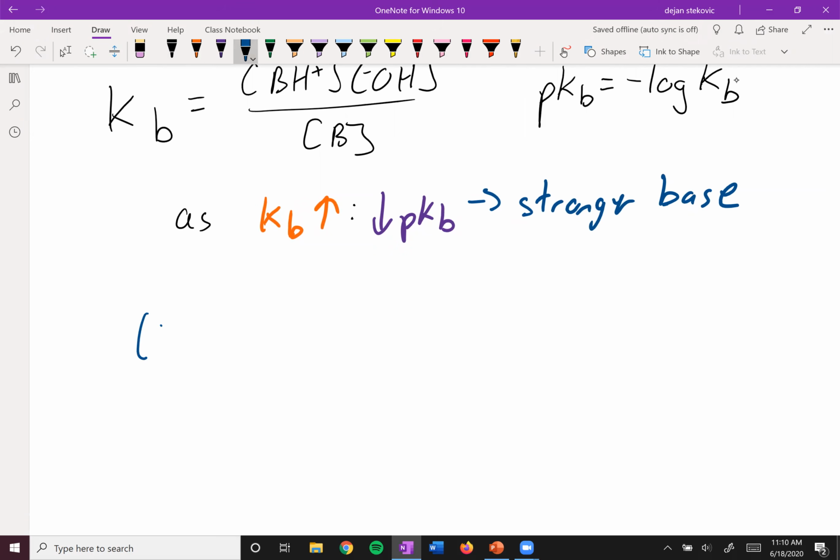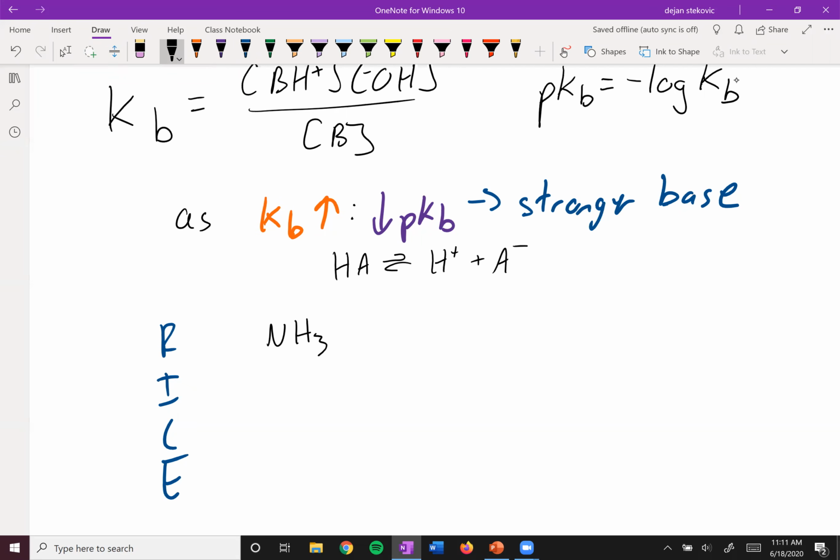The one thing you kind of want to pay attention to is the R in the RICE table, and that's these equations. Oftentimes for weak bases, you need to include water in your equation, or you won't be able to make the equation make sense. So for acid, we can write just HA goes into H plus A minus, but let's take a look at a base, right?